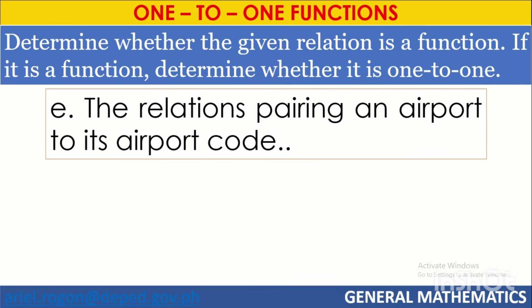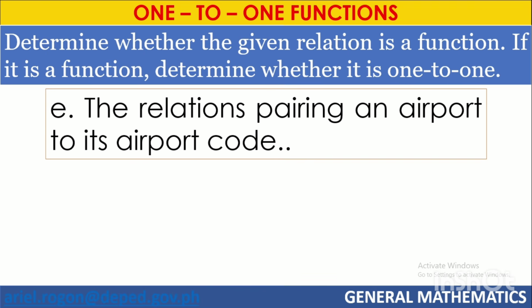The relation pairing an airport to its airport code. So, if you already, no, nakasakay na kayo ng eroplano, makikita nyo lagi sa bulletin nila yung iba't ibang code. Halimbawa, Manila, MNL, no? So, ano kaya the relation pairing an airport to its airport code? Sa tingin nyo ba yung isang airport meron silang dalawang code? Wala.